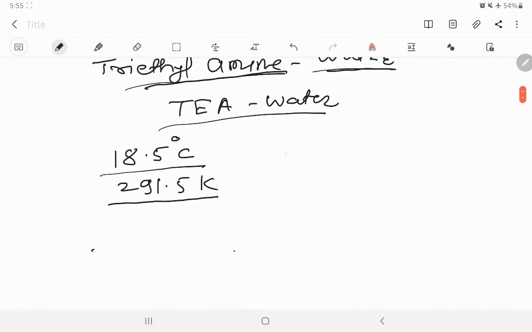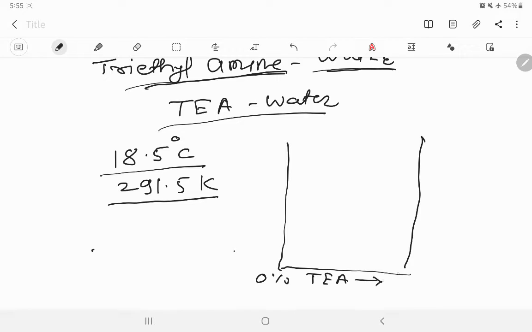Means if we try to plot the graph of temperature against composition, initially here we consider 0% triethylamine, the percentage goes on increasing, here 100%. If we consider any composition below a certain temperature, that is 18.5 degrees Celsius, these triethylamine and water are completely miscible with each other.